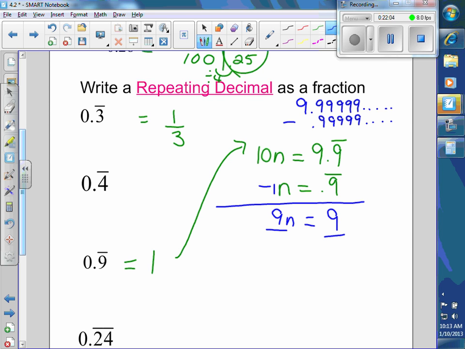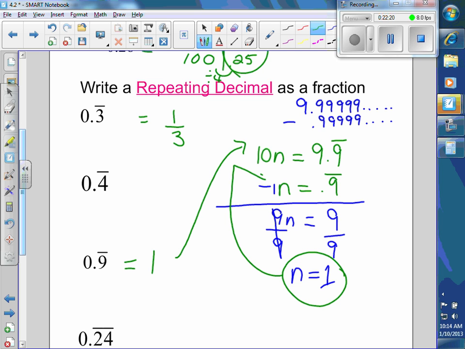Divide both sides. You gotta go to the end. What do I have to divide by? 9. So I find out that the value of n is actually just 1. But we also said n was 0.9 repeating. So 0.9 repeating is 1.